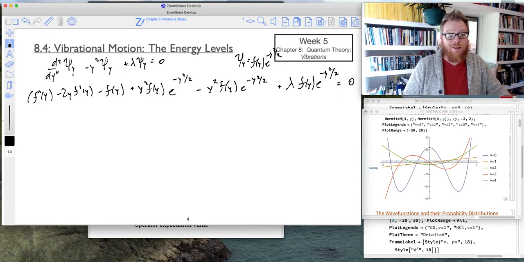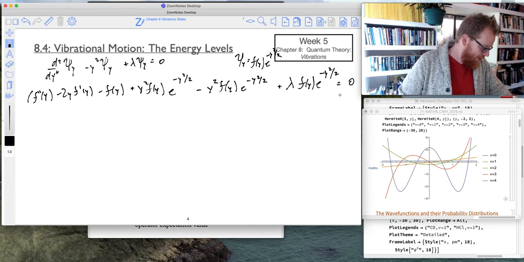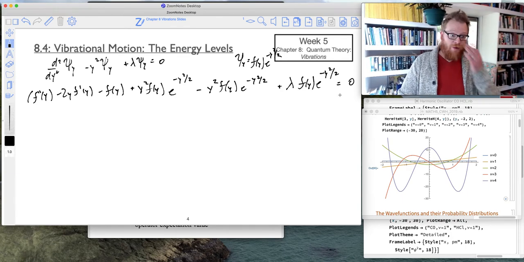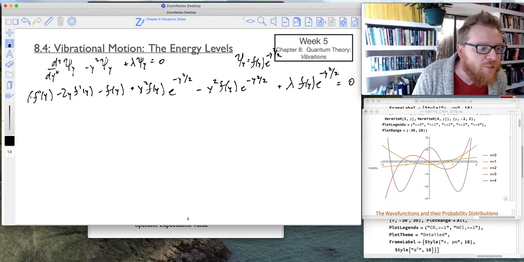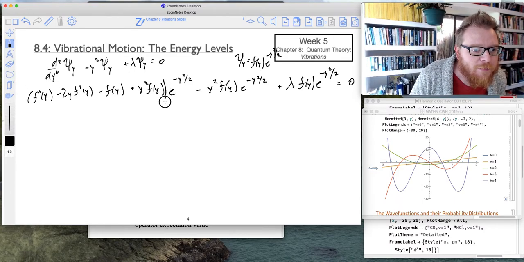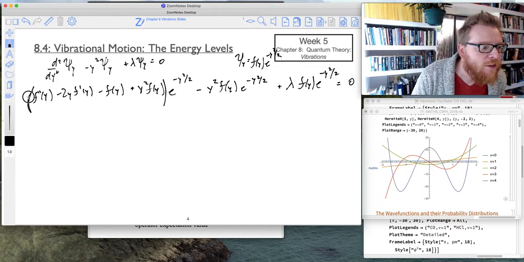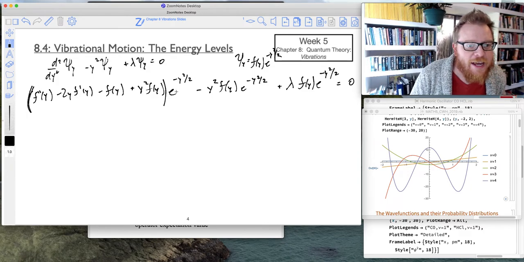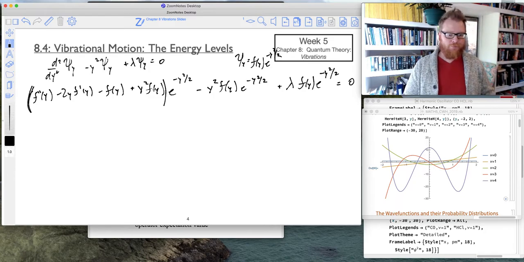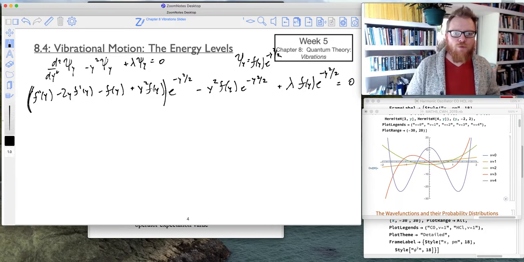Let's see here. Is there anything we can do to simplify this? So we inspect once again. I forgot to put much bigger parentheses around this thing. Remember, this is e to the negative y squared divided by 2 times this whole chunk. If we look at anything that we can cancel, yes, brilliant. I've got the y squared and the y squared terms, and those will cancel out.